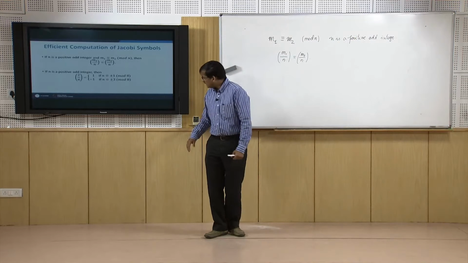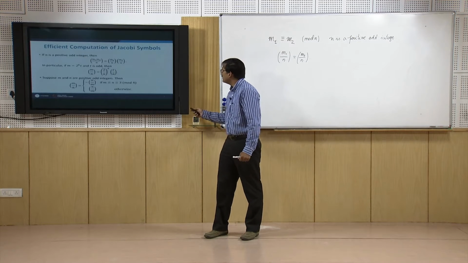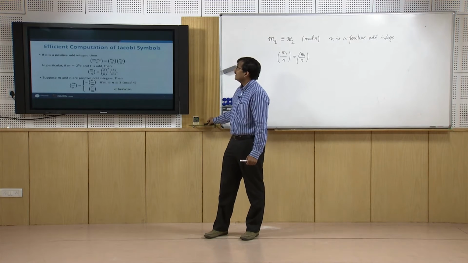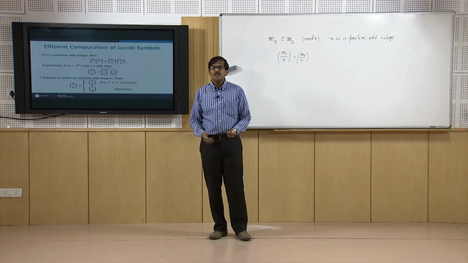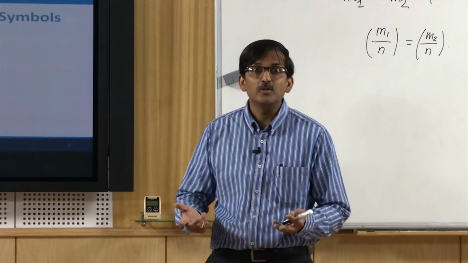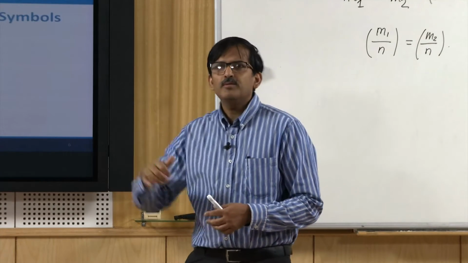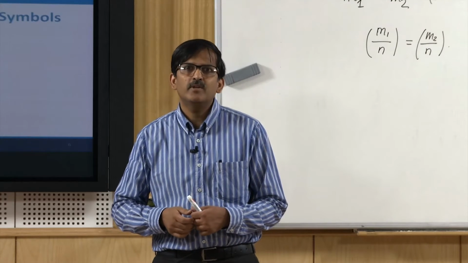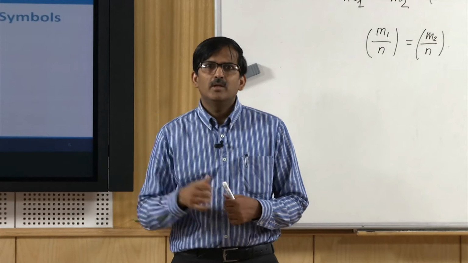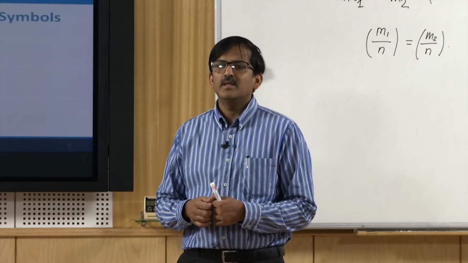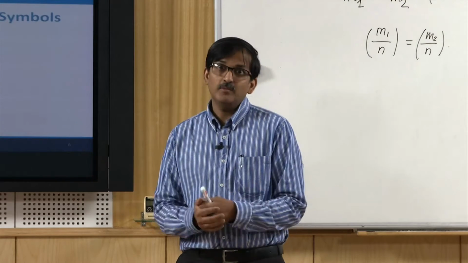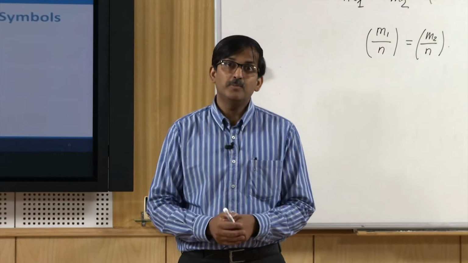Now let us look at the other properties. We come here. Now this involves a product in the numerator. So if you have a product of 2 positive integers m1 and m2 in the numerator, then the Jacobi symbol will split up into products.